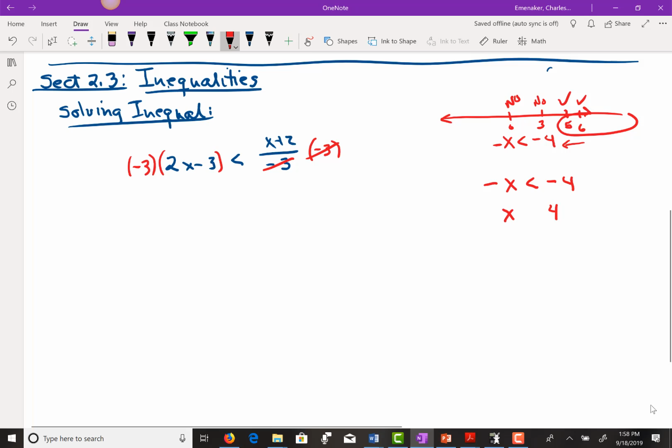Now, be careful. Is it still going to be a less than that puts us in the neighborhood where our answers are? It doesn't, because the answers are 5, 6, 7, 8, 9. So x is no longer smaller than 4. It's what? Greater than 4. When you multiply by the negative, it puts you shopping in the other neighborhood. Does that make sense?